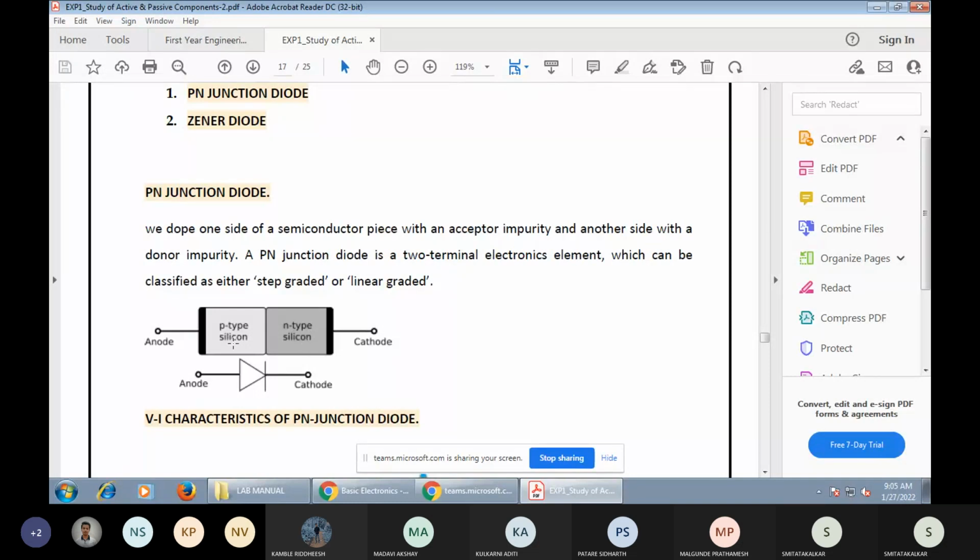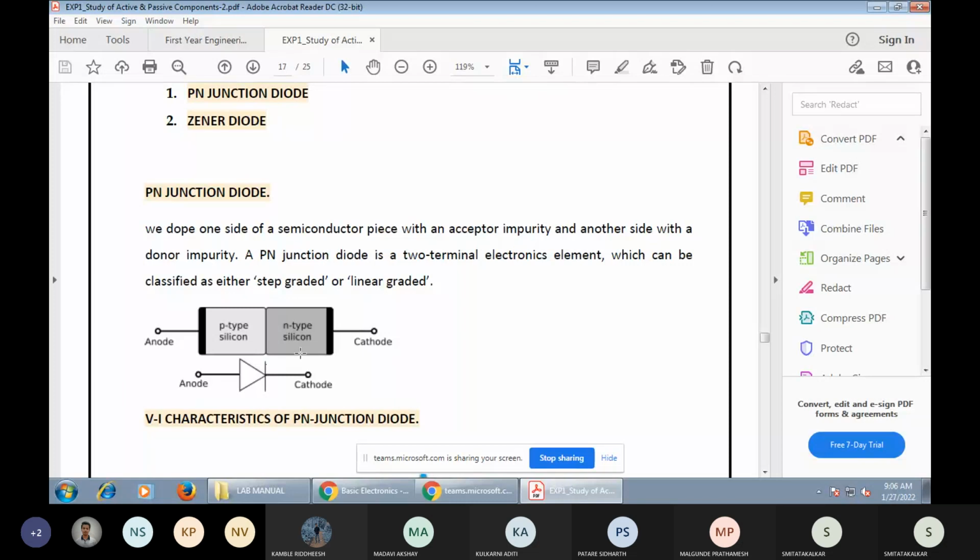Holes move to the n region and combine with electrons. That's why a junction is formed.